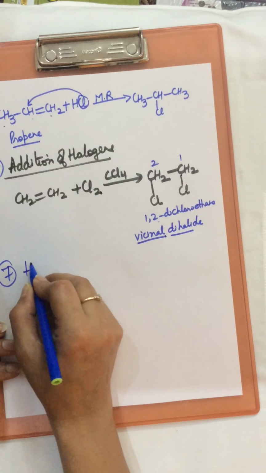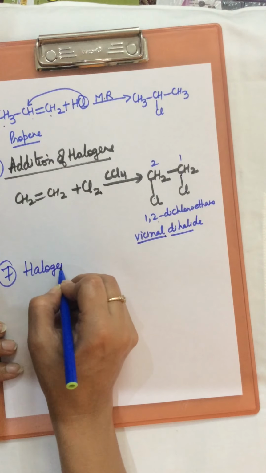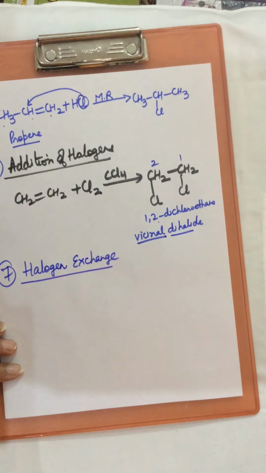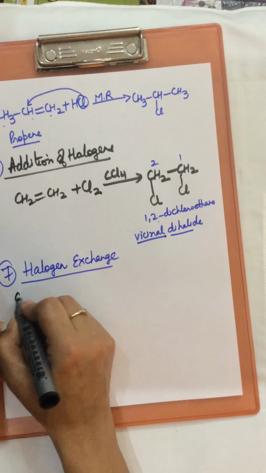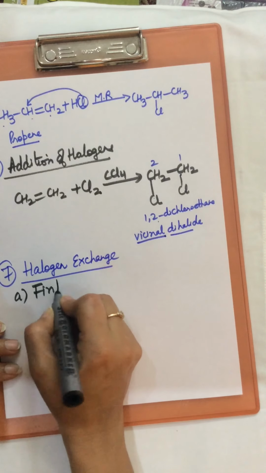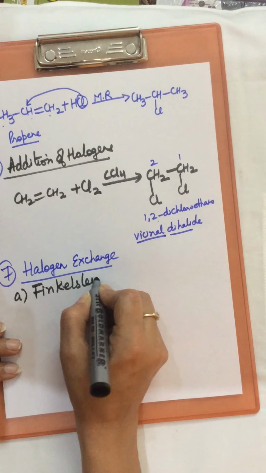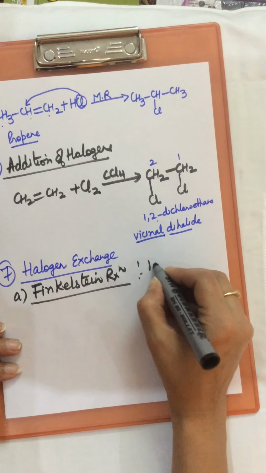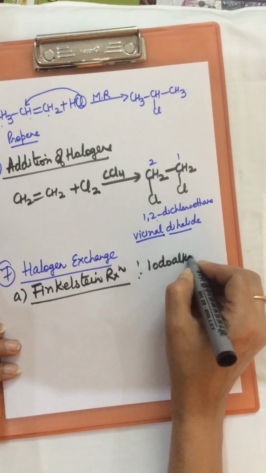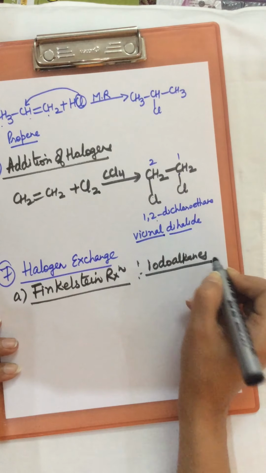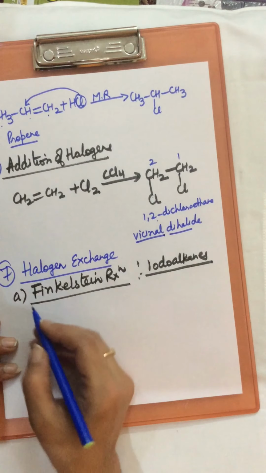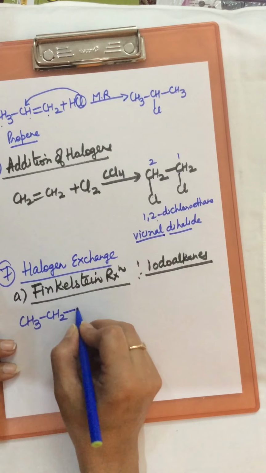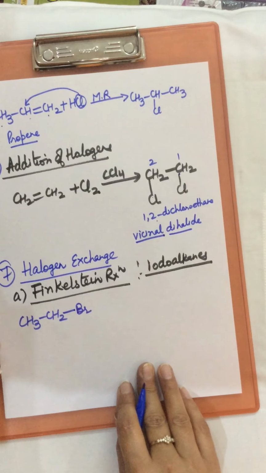Last method, halogen exchange method. Under this we have two reactions. First is the Finkelstein reaction. This reaction is used to prepare iodoalkanes. Specifically for iodoalkanes only we use this method. So we are taking a haloalkane, and that haloalkane should be chloro or bromo only.